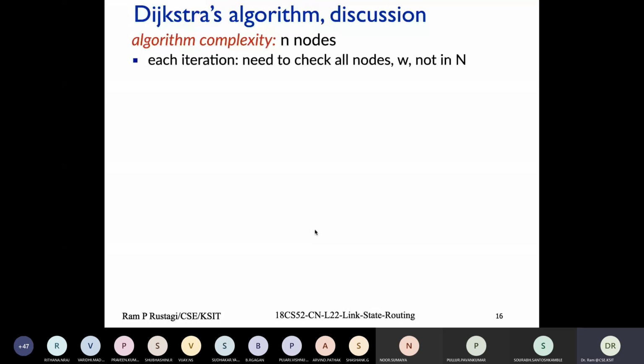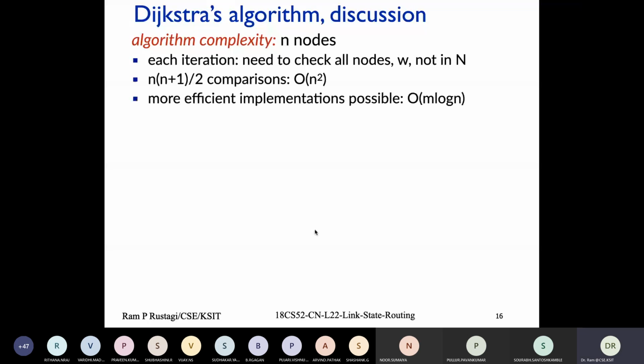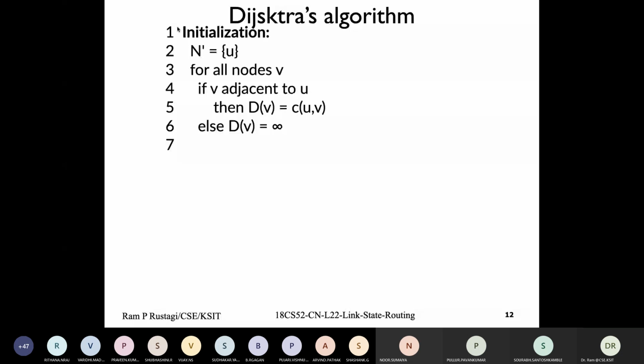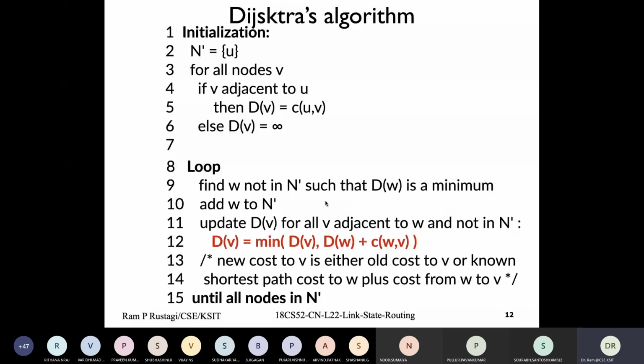So primarily look at the discussion, what happens each time I iterate. Let me go to my algorithm there. This is my algorithm. Each time I pick a node, I find a minimum among the remaining. So time taken to pick a minimum is order n, because there could be n nodes.